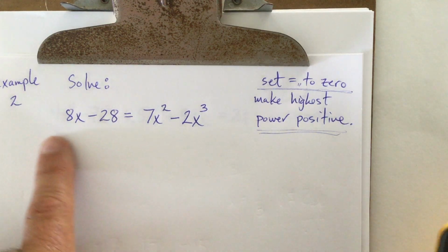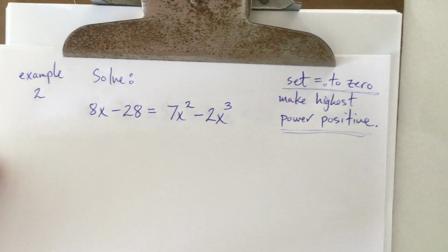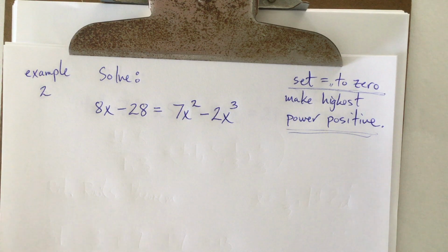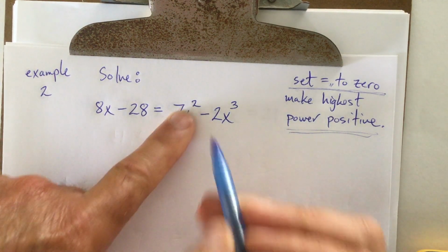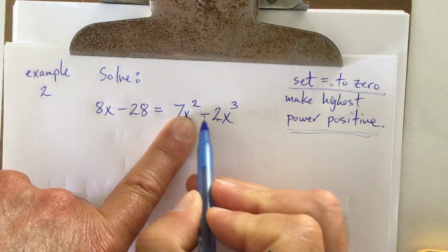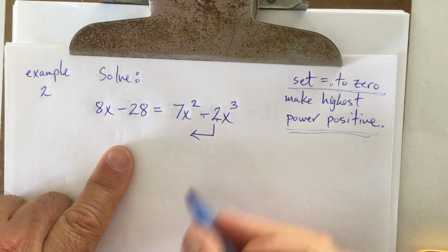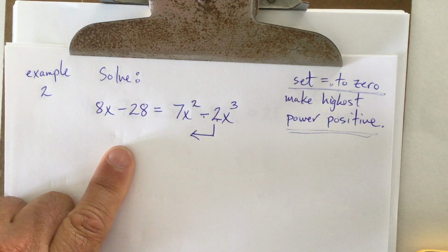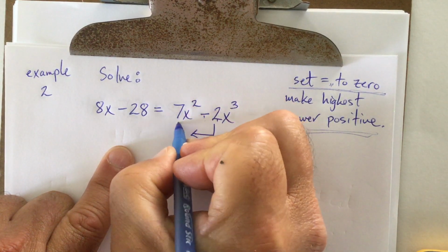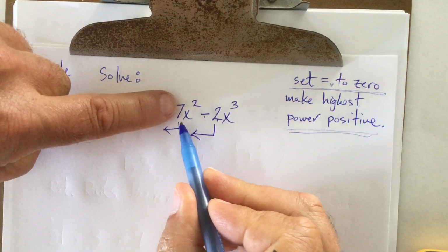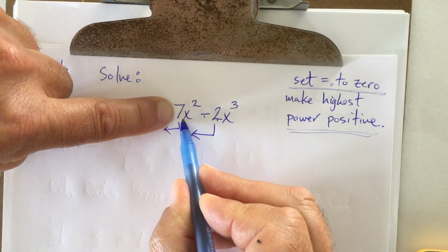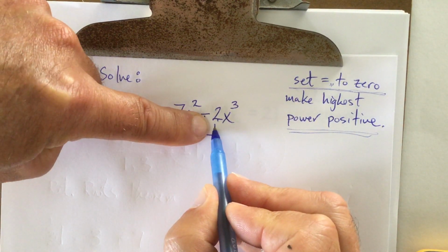So look at this problem, this equation. The highest powered thing in that whole deal is this guy, and he is currently negative. I want to move him to the other side, and that will make him positive. I would have to add this guy to move him.